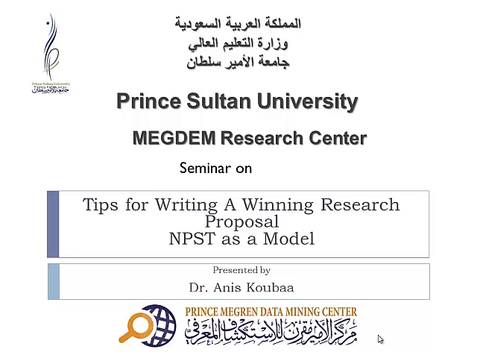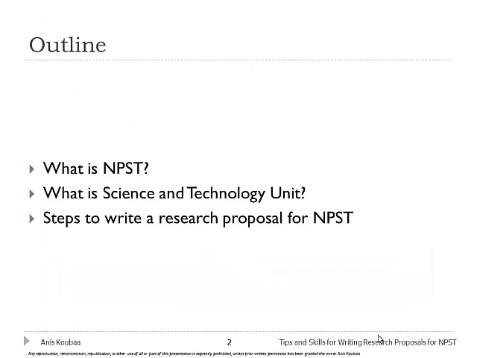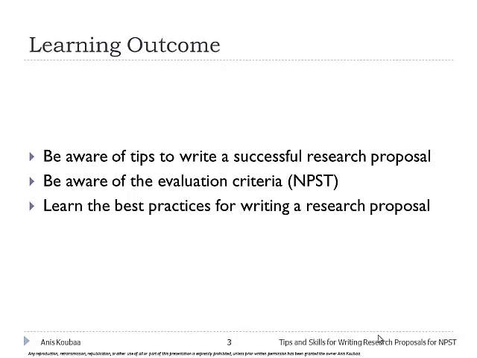I chose this model because it is comprehensive, and of course it's generic. So if you submit to CAT or to Prince Sultan or to any other funding channel, most of the items that you find here, you can find in other proposal models. I'm going to give a brief overview about NPST and the steps to write the research proposal for that program, without loss of generality.